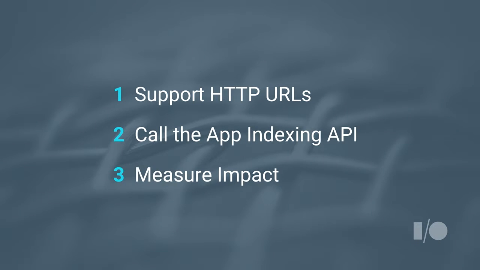Second, you need to call our API so that we can actually better understand the content in your app. And 3, you want to make sure you can keep an eye on the impact you're getting from following the first 2 rules, right? How many more active users you're getting, and if there's still room for improvement, optimization in your app to get even more out of it.